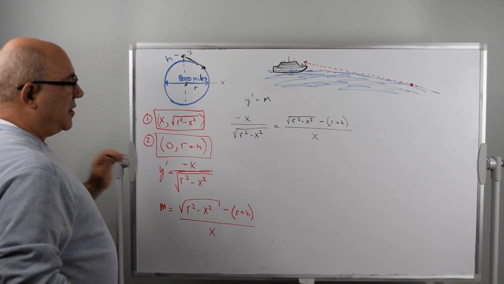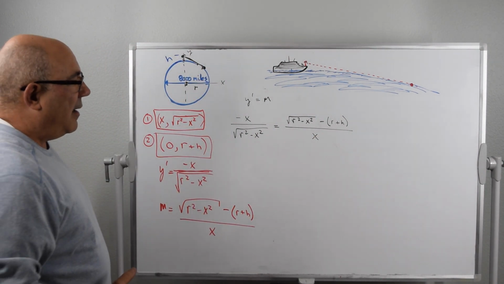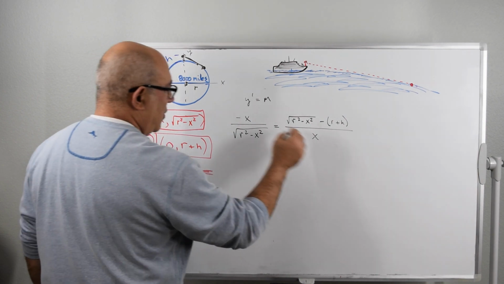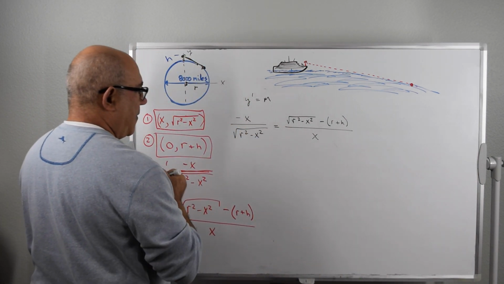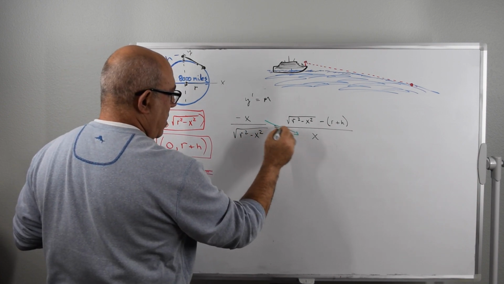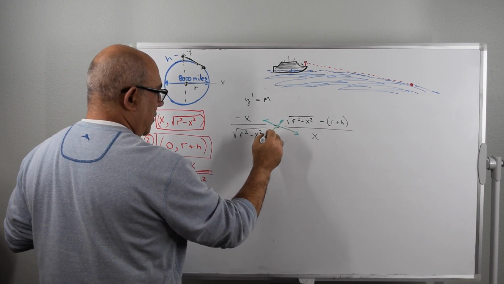So we have to solve this thing for x, okay? And it's not going to be too bad. What we're going to do is cross multiply and set those equal to each other.